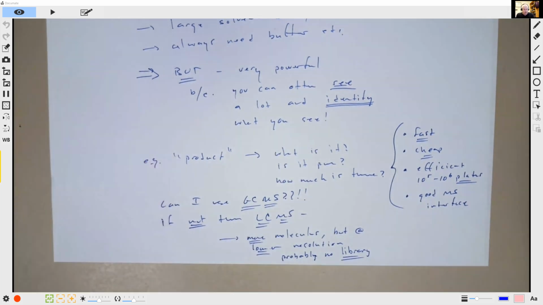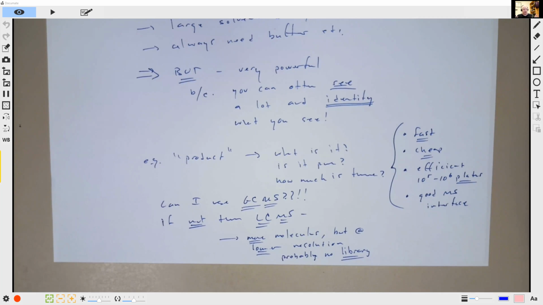In drug discovery, you're probably not going to have a library either, because those molecules are drug candidates, normally synthesized for the first time, so you don't necessarily know what their mass spectrum will look like. But you can work it out.